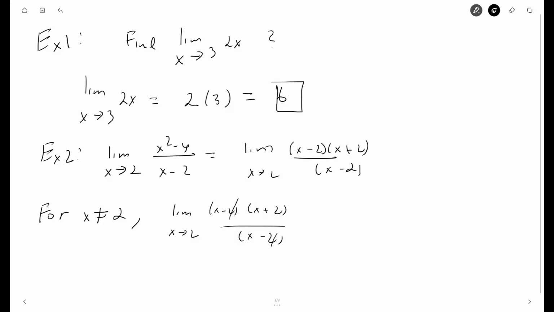We can cancel this and this becomes the limit as x approaches 2 of x plus 2. Now we can do a basic limit, so this would be equal to plugging 2 into the function, that would be 2 plus 2, which is equal to 4. So the limit is 4 when x approaches 2 for the rational function.